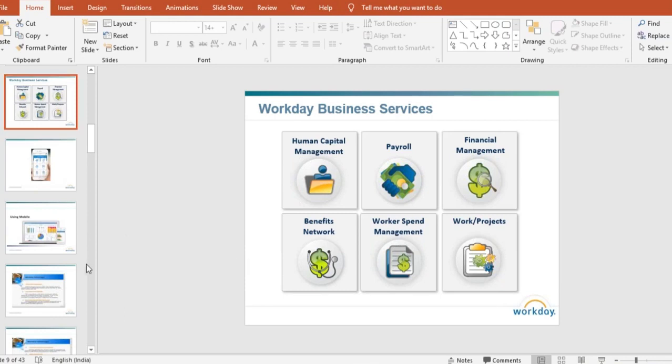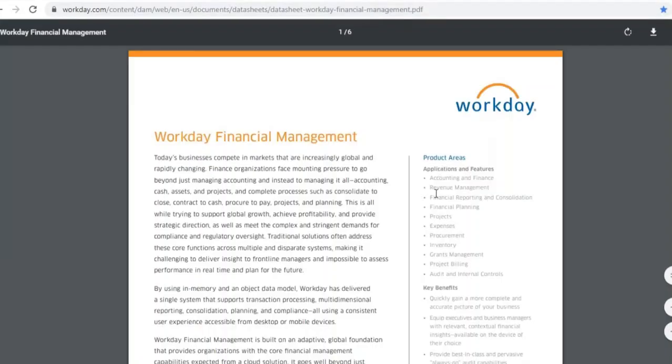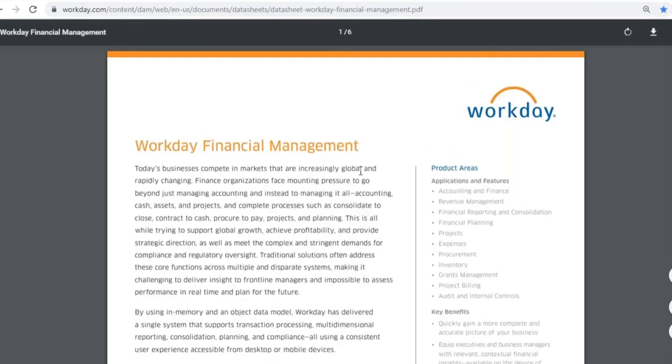Yes. Okay, let me tell what SAP gives. So here we are going to understand accounting. I think this is visible, or you want me to make it bigger? Accounting and finance, revenue, financial report, consolidation, financial planning, project expenses, procurement, inventory, grant management, project billing, audit, and internal control.